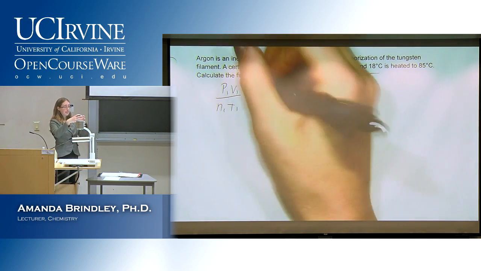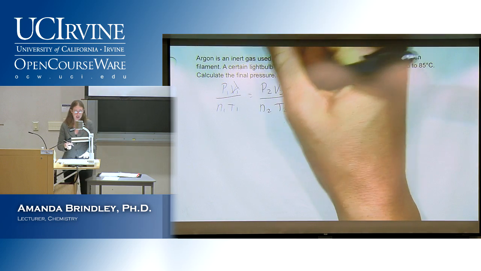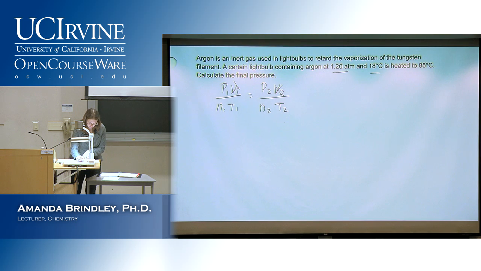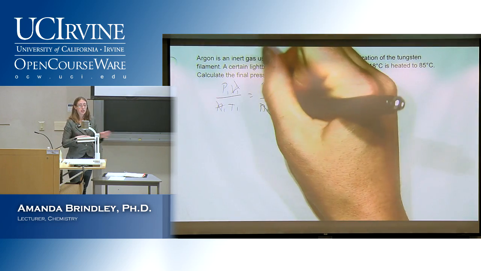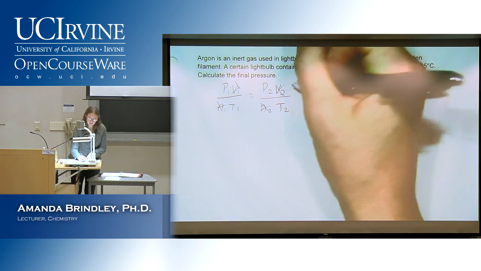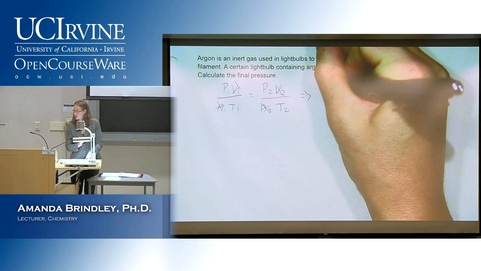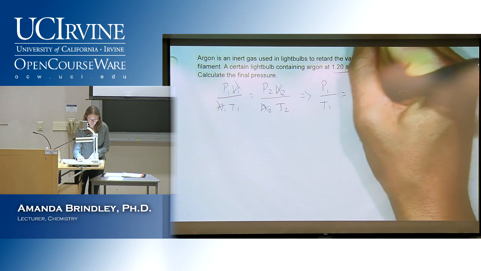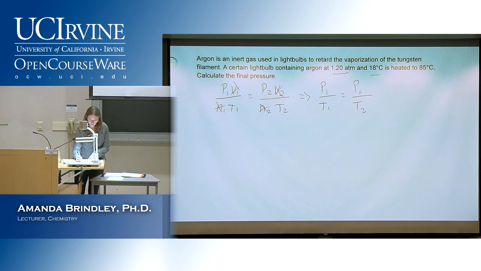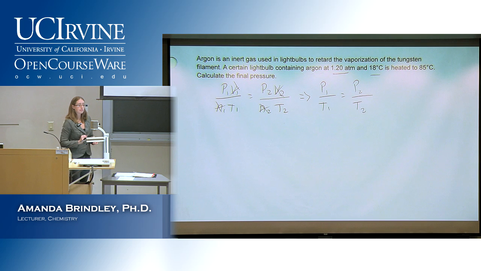Volume, right? It's a light bulb. The glass isn't going to stretch out or shrink. What else? Yeah, moles, right? There's not going to be argon escaping or coming in. So we can cross those out. And so you get that.